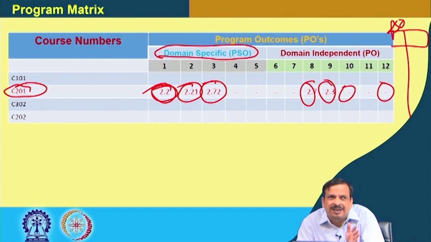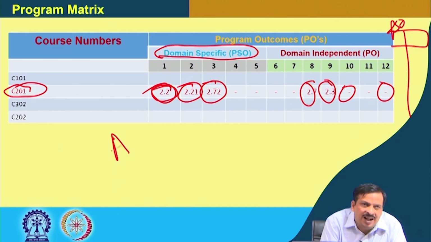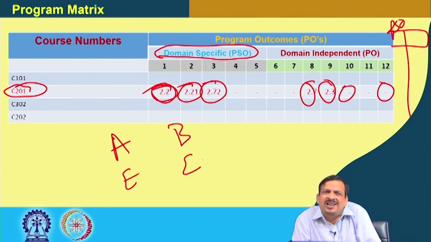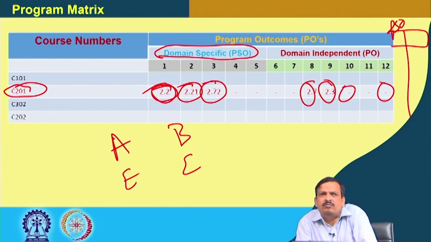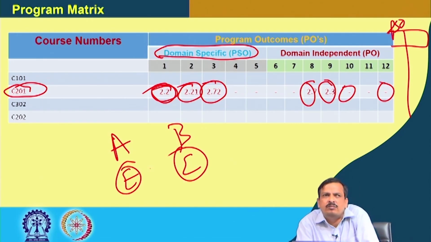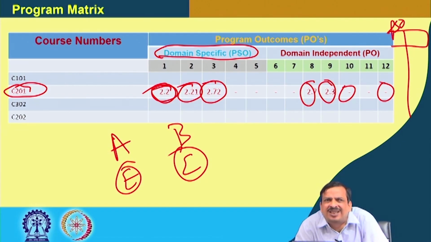But as an example, suppose institute A has a department of electronics, institute B also has a department of electronics. Do you think the two institutes are the same? Are the two electronics departments the same? The two electronics departments' PO will be the same, PSO will be the same.